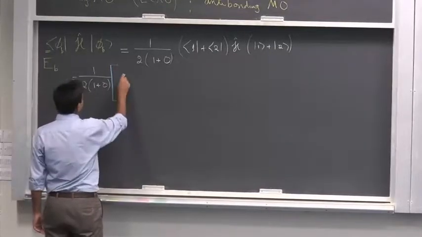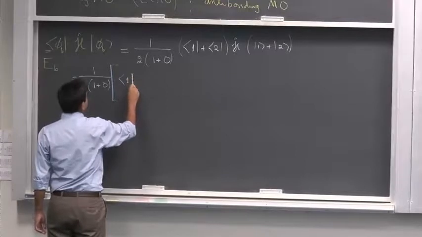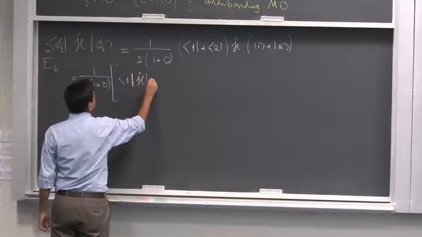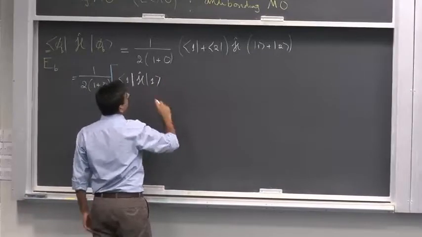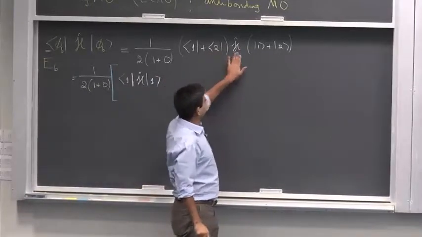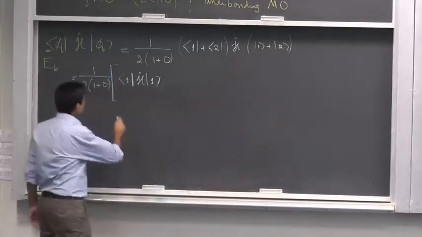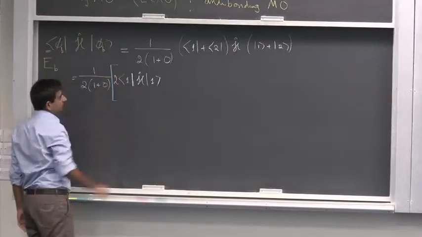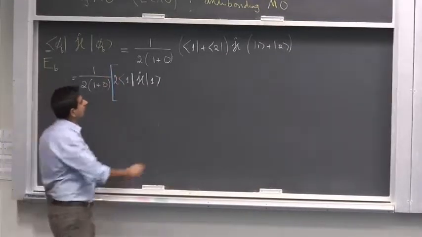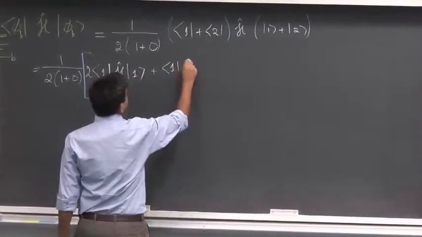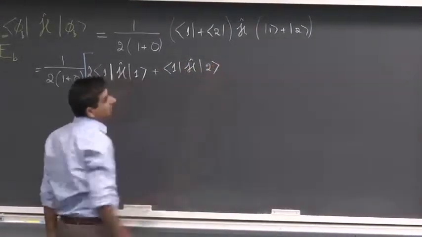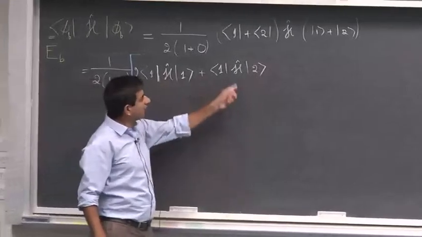I have ket 1 bra 1 H1 plus ket 2 bra 2 H2. Since these are identical, I put in a 2 here, plus ket 1 bra 2 H2 plus ket 2 bra 1 H1.